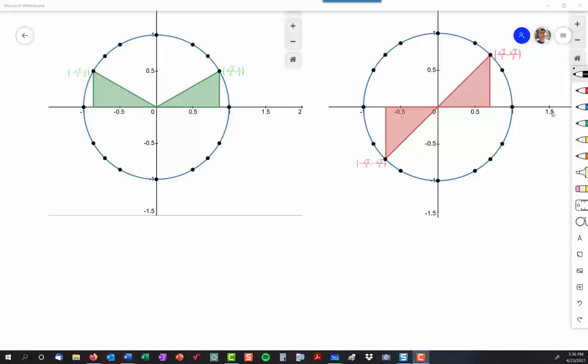I've opened up an extra screen here because I want to give you a visual logic presentation to help you be convinced that when you take the sine of an angle, it's the same answer as the sine of the reference angle.